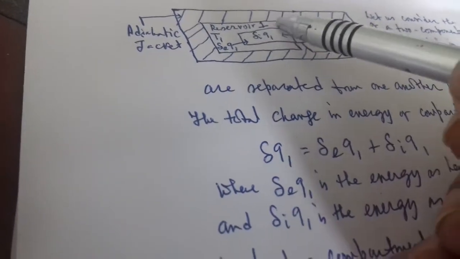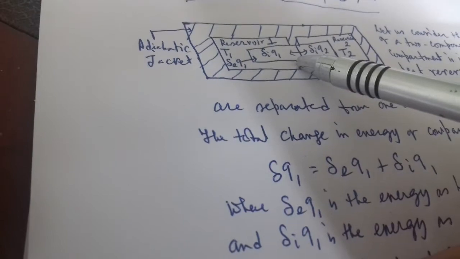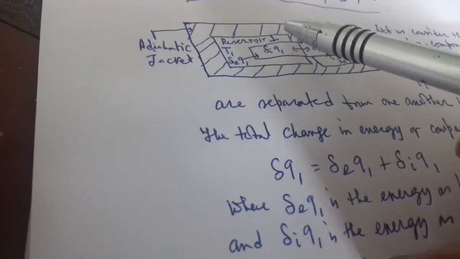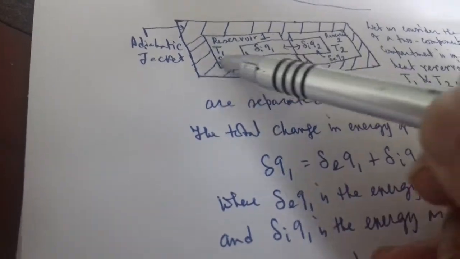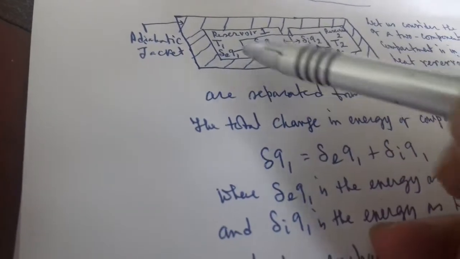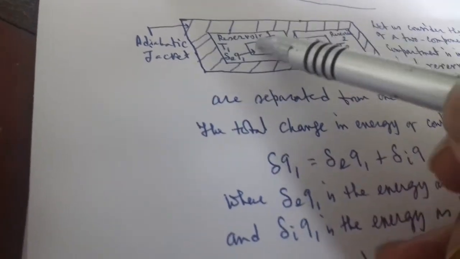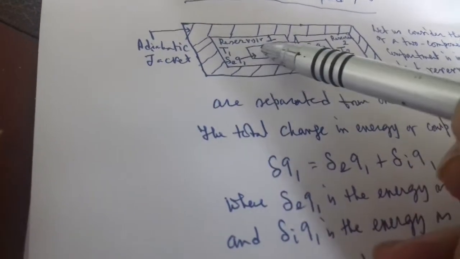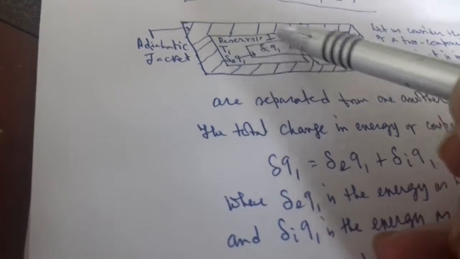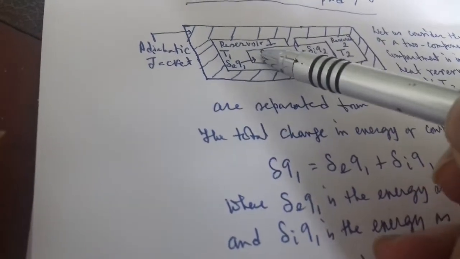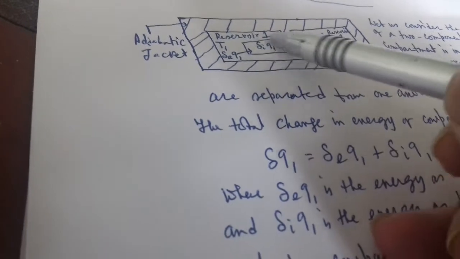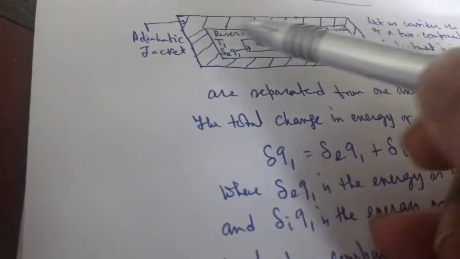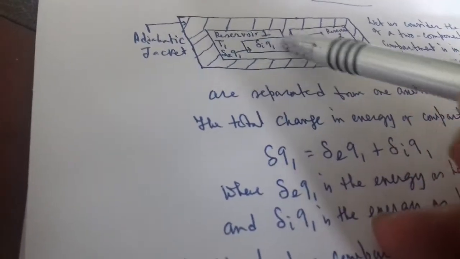Compartment 1 is encompassed by another big compartment, which is reservoir 1, and which keeps compartment 1 at a consistent isothermal condition of temperature T1.